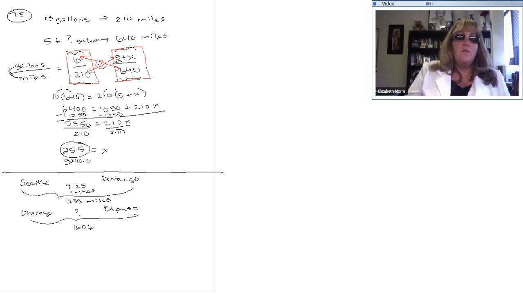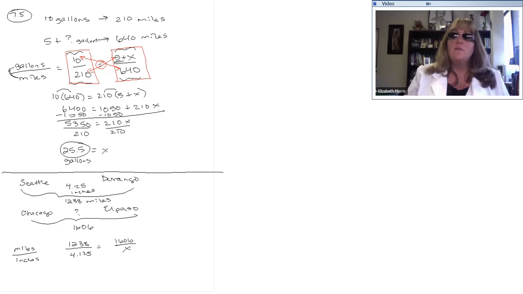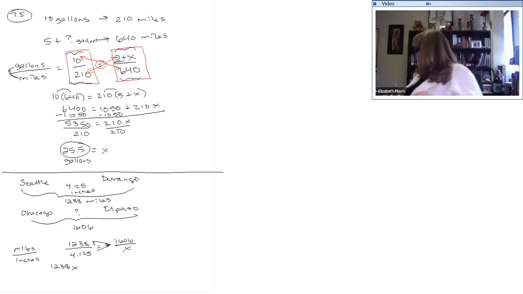I'm just going to go miles, inches. So miles, 1238, it's 4.125 inches. So with 1606, how many inches? Means extremes rule. This times this, 1238x has to equal that times that.